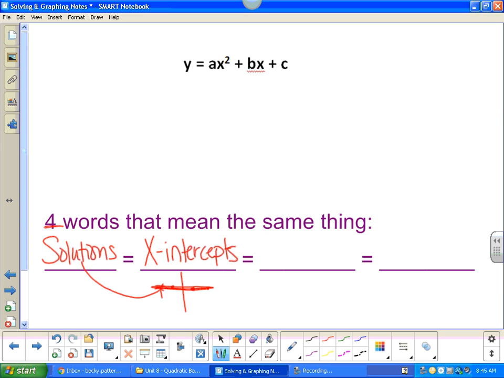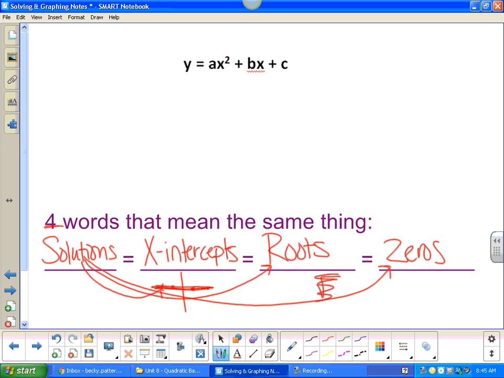Now 2 other words that you're going to see thrown around here that they expect you to know are roots and zeros. Now these roots are not like the square roots that we've done before. These are just roots, not square roots or cube roots, just roots. Roots also mean solutions. And then zeros also mean solutions.